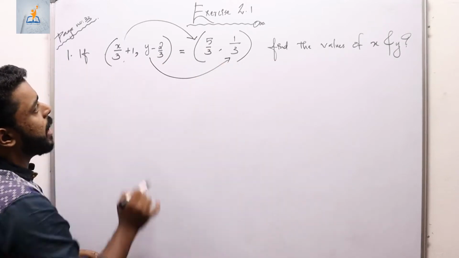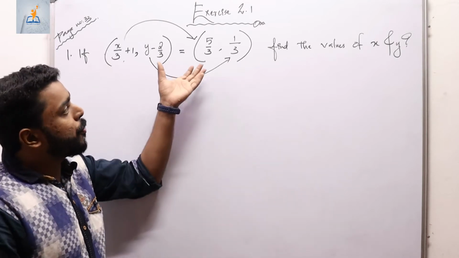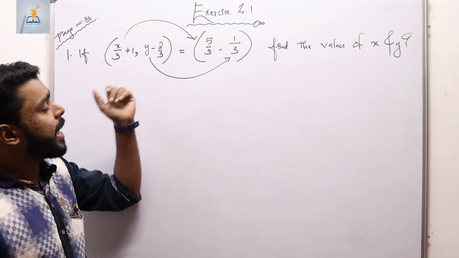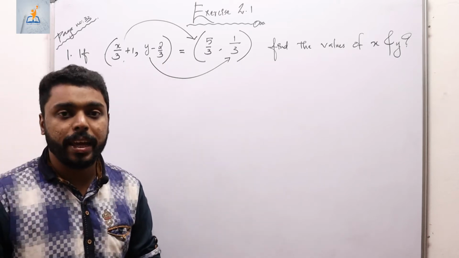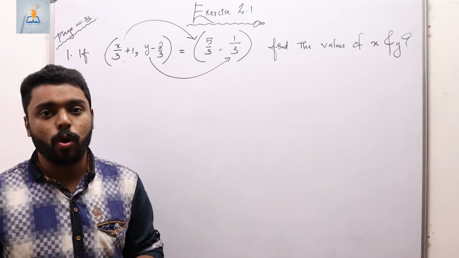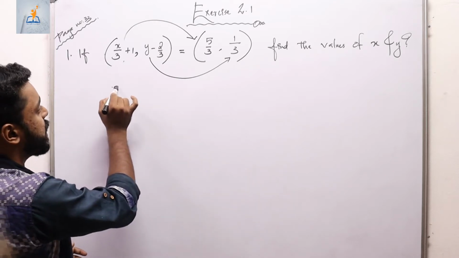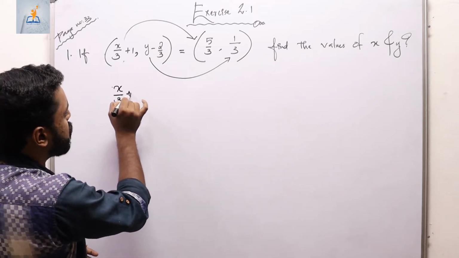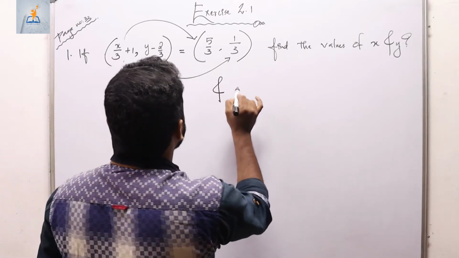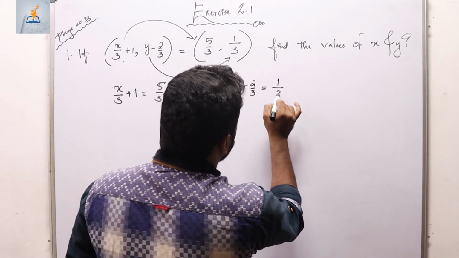That is, the first element in the first ordered pair must be equal to the first element in the second ordered pair. Similarly, the second element in the first ordered pair must be equal to the second element in the second ordered pair, so that the equality of the ordered pairs gives us that x/3 + 1 must be equal to 5/3 and y - 2/3 must be equal to 1/3.